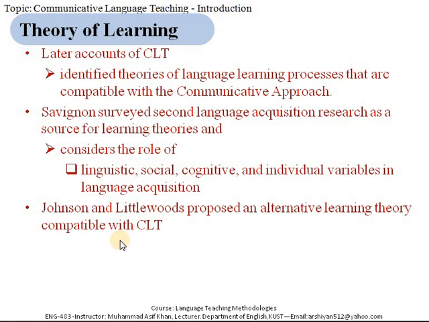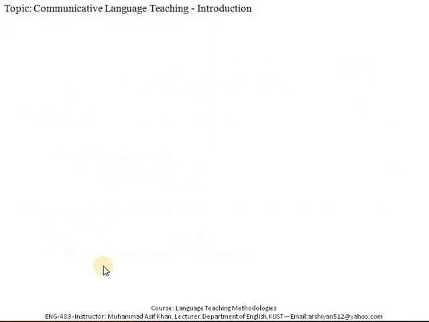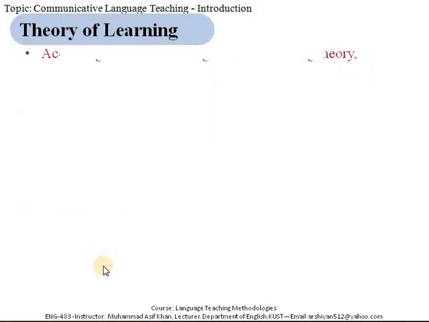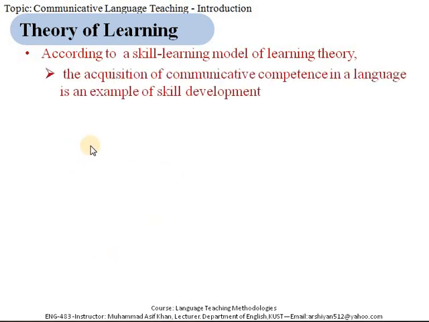And according to this model, the acquisition of communicative competence in language is an example of skill development. So to them, communicative competence is equal to skill development. This involves both the cognitive and behavioral aspects of language learning.